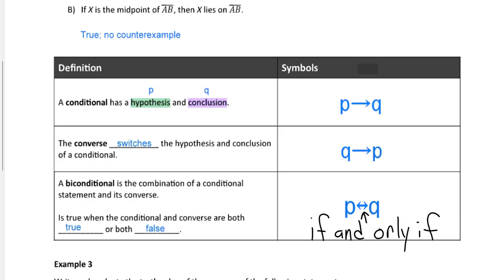That is what goes in between. So this time, we are not writing it as an if, blah, blah, blah, comma, then blah, blah, blah statement. It slaps the words if and only if in between the hypothesis and conclusion.